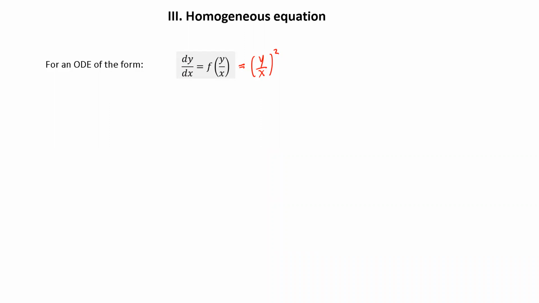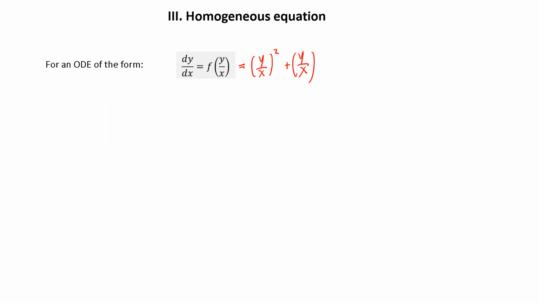But how about if you have a function that looks like this? This time you realize that you cannot make one side of the equation contain only x and the other side contain only y. So in this case, separation of variables won't work.